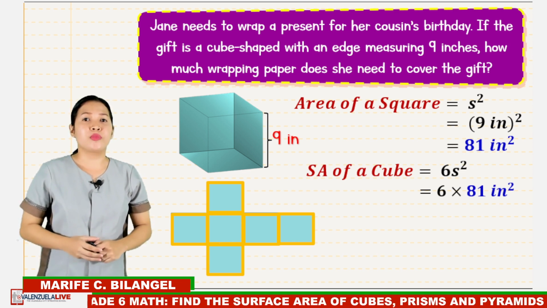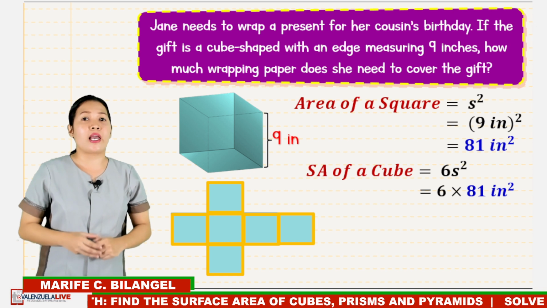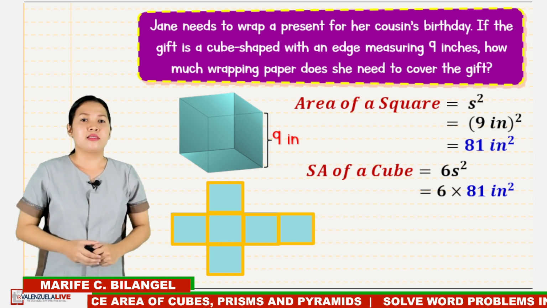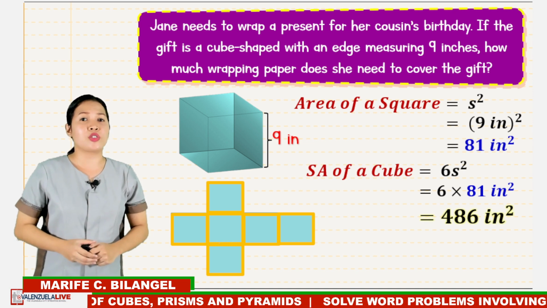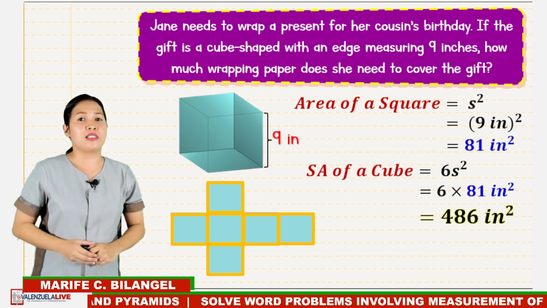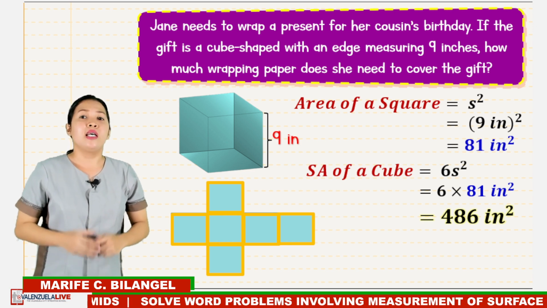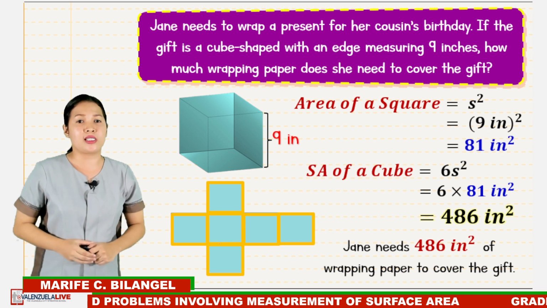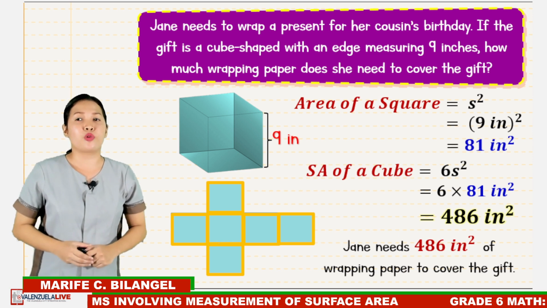So we have 6 times the area of a square, which is 81 square inches. 6 times 81 square inches is equal to 486 square inches. Therefore, Jane needs 486 square inches of wrapping paper to cover the gift.